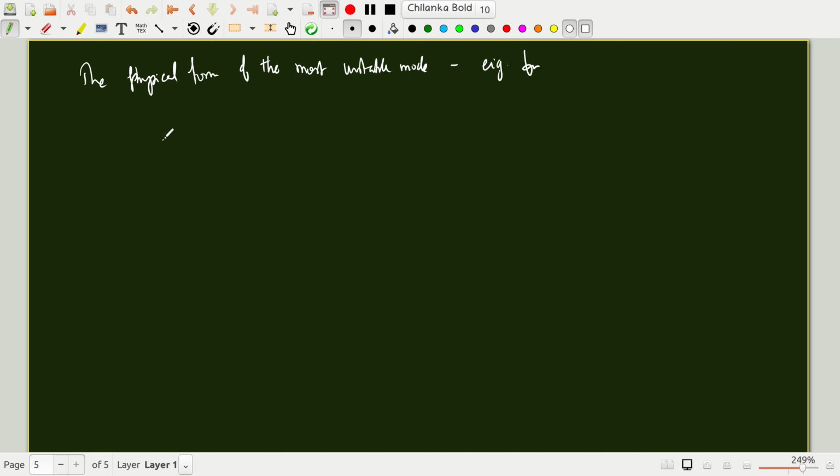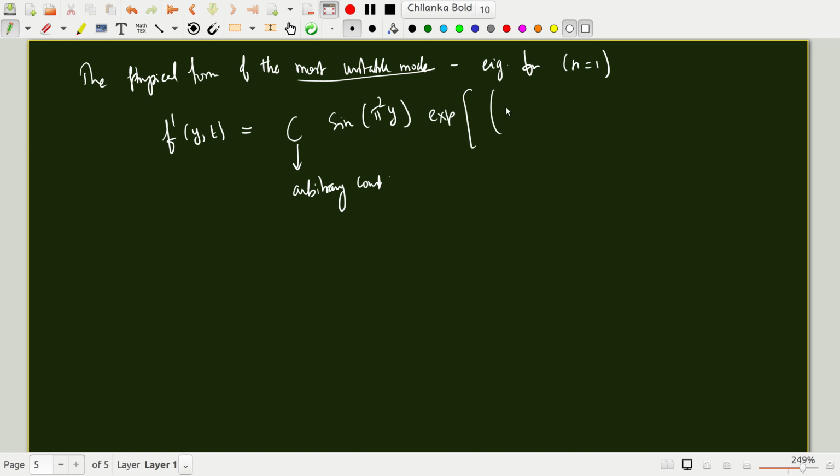Okay, so this is given by f prime of y, t, which is some arbitrary constant, because you know that eigenfunctions are not determined exactly, they are only determined up to a multiplicative constant, times sine pi y, the most unstable mode, the one with n equal to 1, times exponential of (1 minus pi squared by r) times t. Okay, this is the spatial and temporal dependence of the most unstable mode.